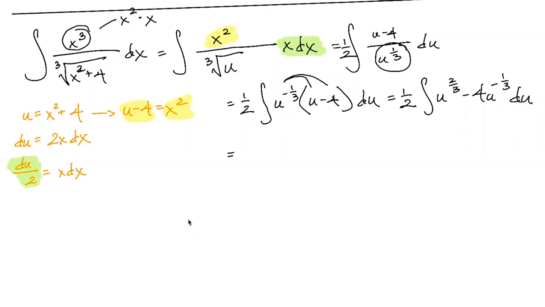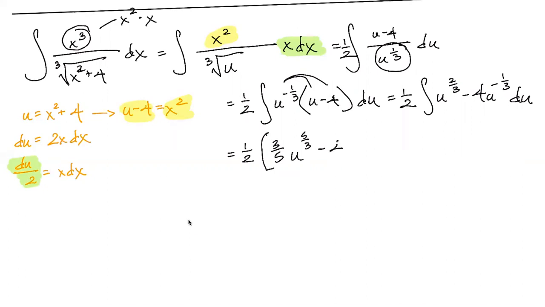And from here, what we can do is use our power rule, okay? So we have our 1/2 coefficient in the front. Now, the power of 2/3, if I add 1 to that, I'm gonna get 5/3. And then the reciprocal of that, 3/5, will give me the coefficient.